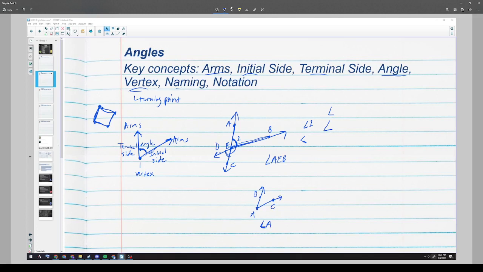I can't do that up here because angle E could be referring to angle 1, angle 2, angle 3, or angle 4, because they're all meeting at the vertex E. So I can't use this notation for a case like this. I can only use it for a case that has a single angle at my vertex.